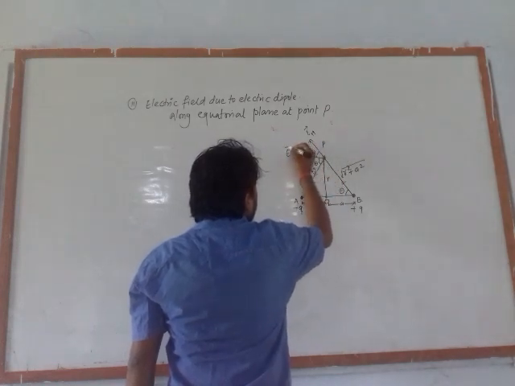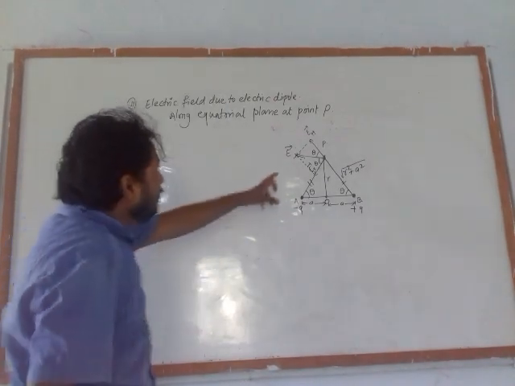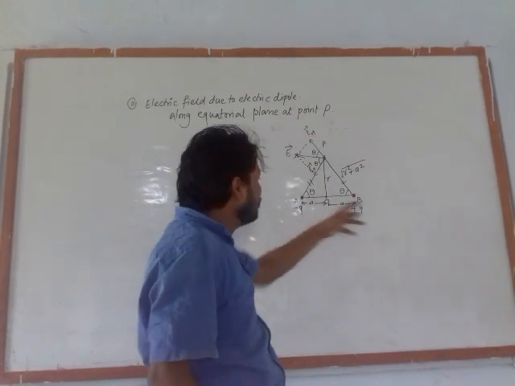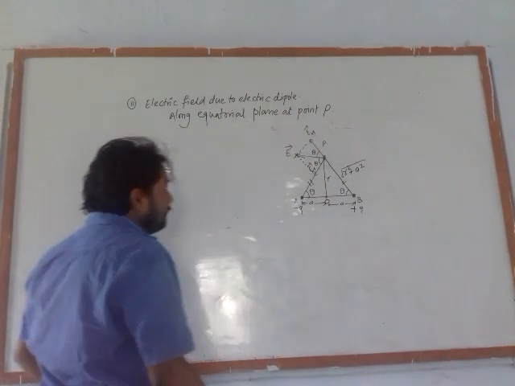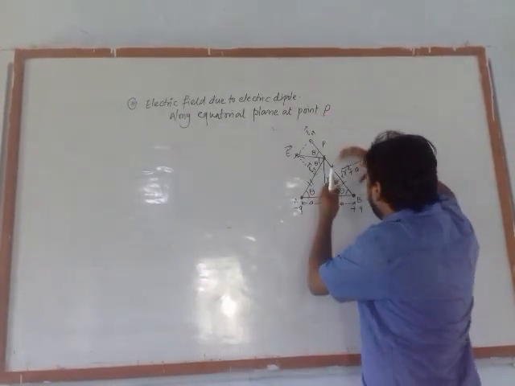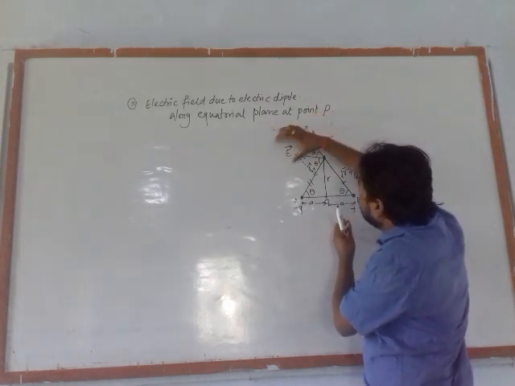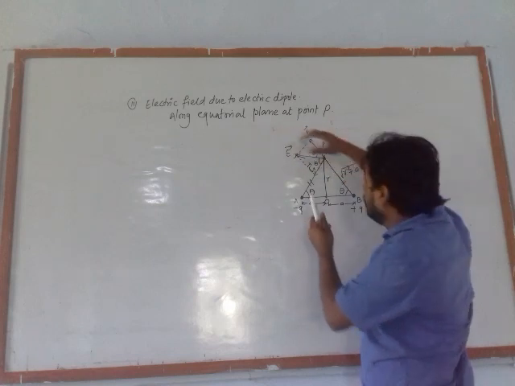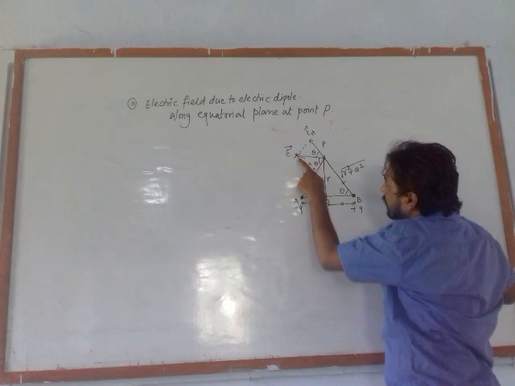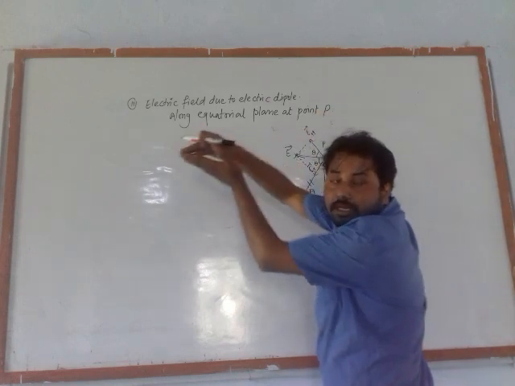So you can say the resultant one is E. Now, the field due to the positive charge and the field due to the negative charge, both will be the same because the distance is the same. But we have to take the projection of the field due to the positive Q charge along E, and the projection of the field due to the negative charge along E. Then only can both vectors give the resultant.